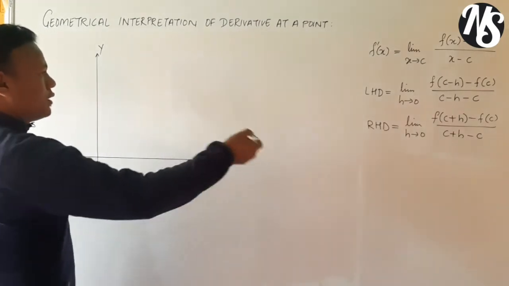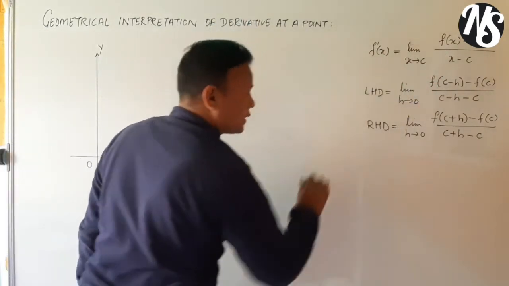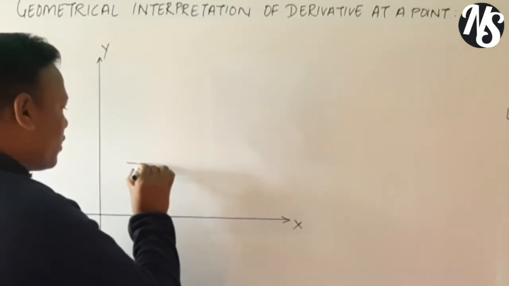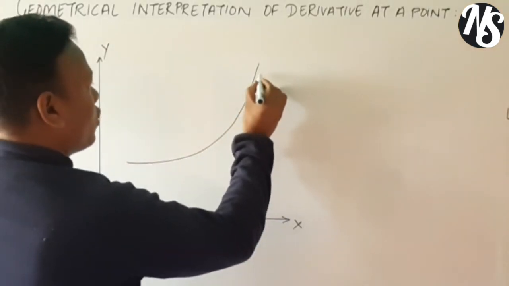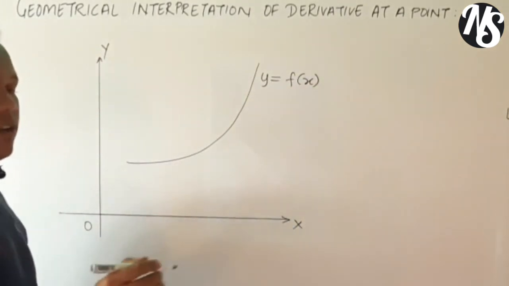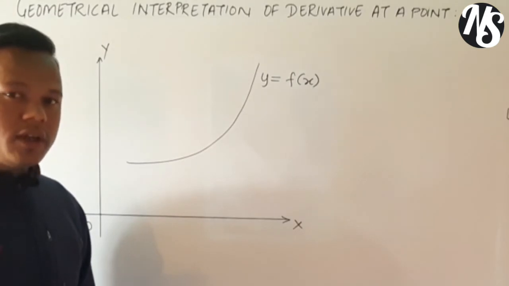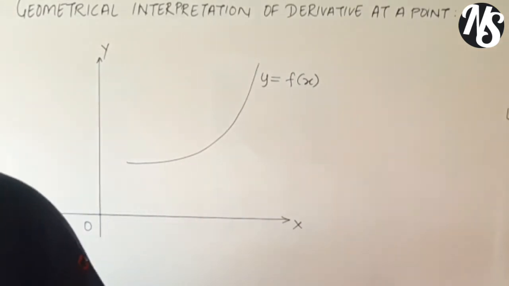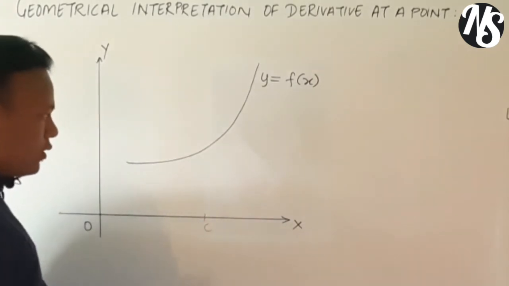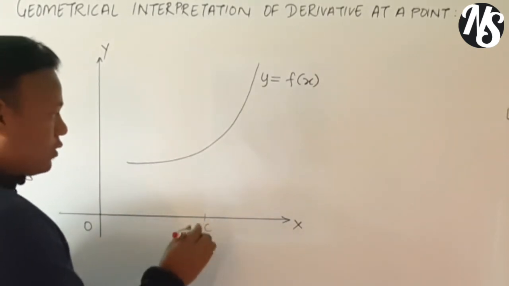So for that, there should be one function f(x). Let me draw a random function here. This is my y equals f(x), and you want to find the derivative at point C. So let me take that point C to be somewhere over here. Look here carefully.